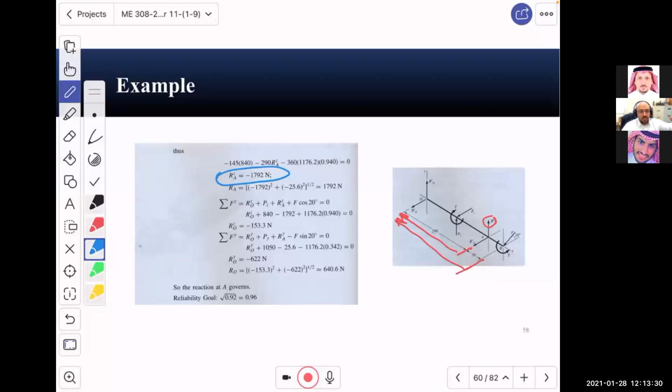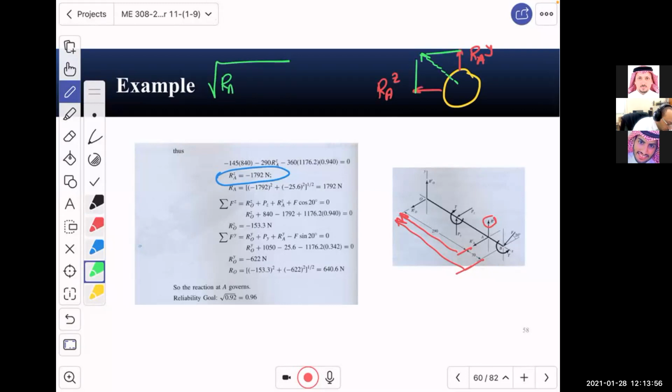Now we have two forces at A. We know what is RAY, and we know what is RAZ. Now, what do we do? All we need to do is to find the resultant. The resultant is the square root of RAY squared plus RAZ squared.